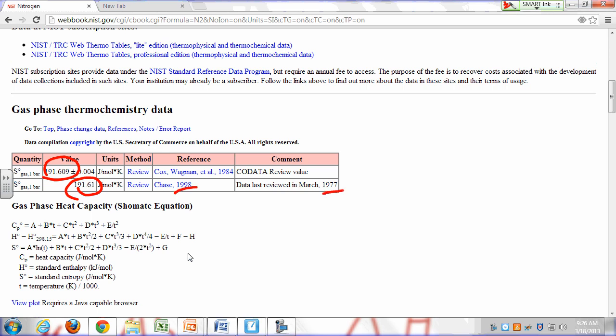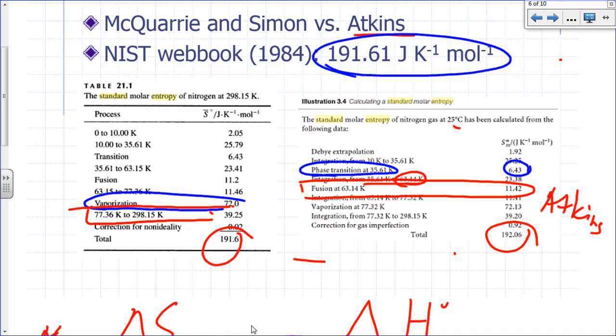Data reviewed March 1977. So, which author gives you a closer number? Looks like Macquarie and Simon's number is correct, huh?